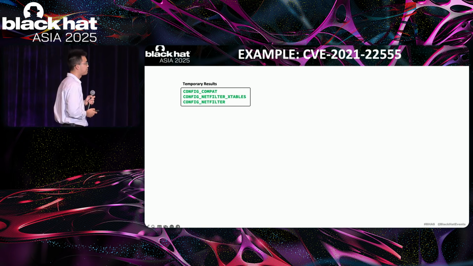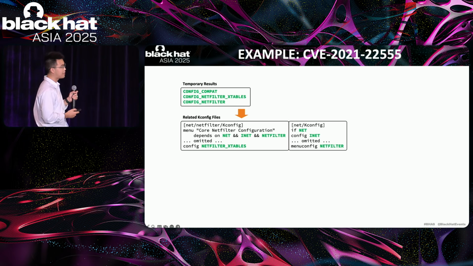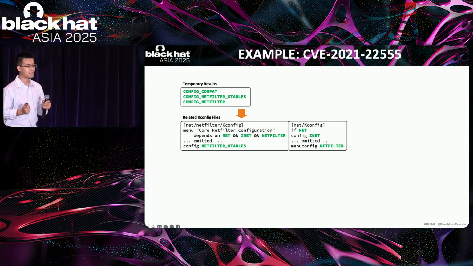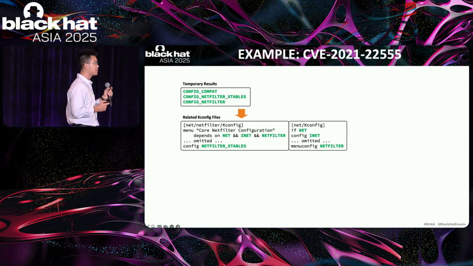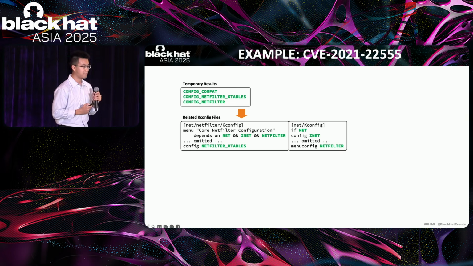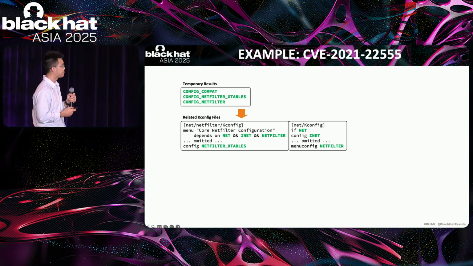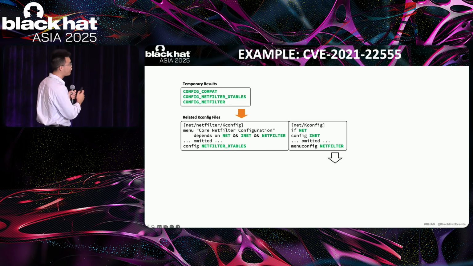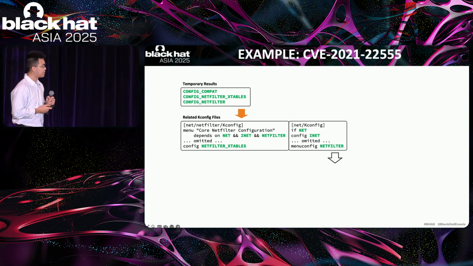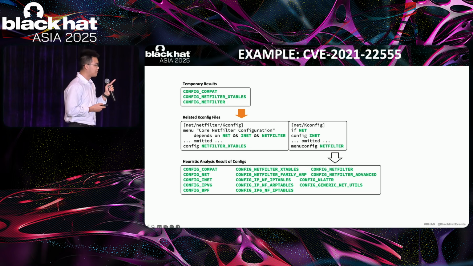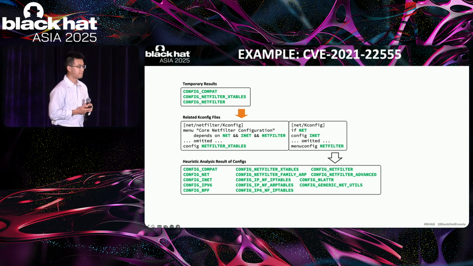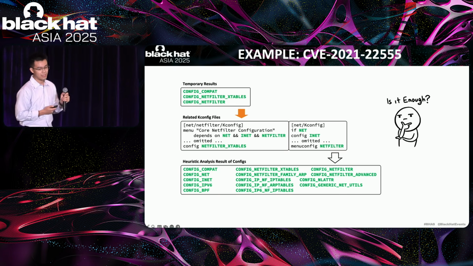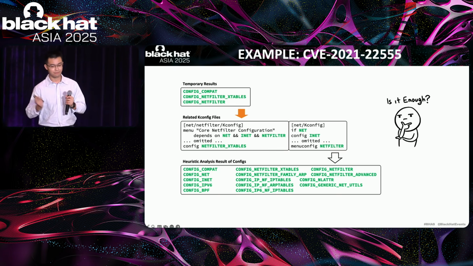The answer is no. Because there are lots of relationships among these configs, especially among the configs in the Kconfig mechanism of the Linux kernel. If you follow these relationships, you will get a longer list. But we will ask, is it enough?